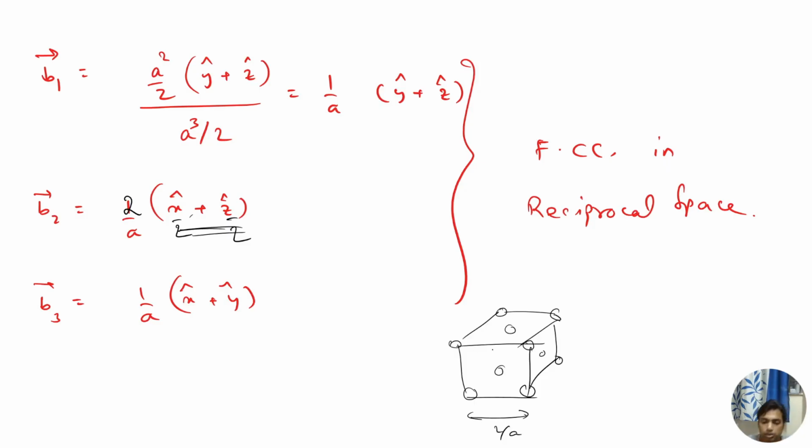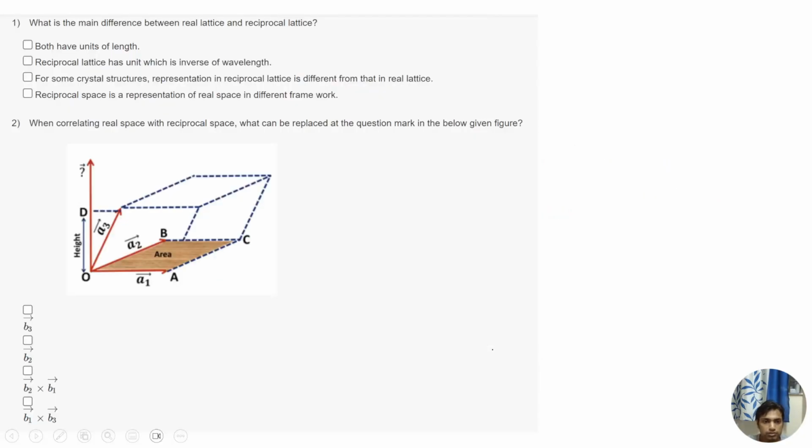Okay. Now let us look at some of the questions. What is the main difference between a real lattice and the reciprocal lattice? Both have units of length. So this statement is clearly wrong. Why wrong?